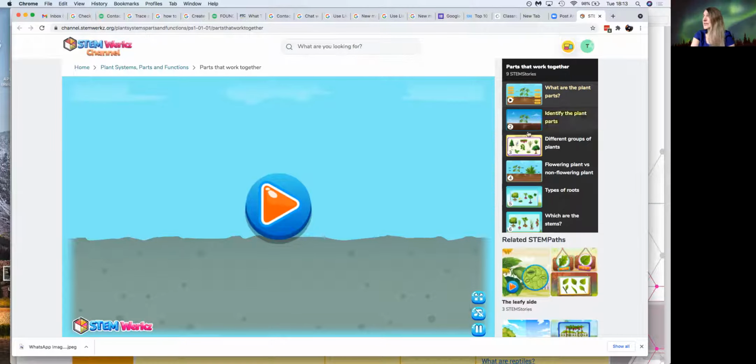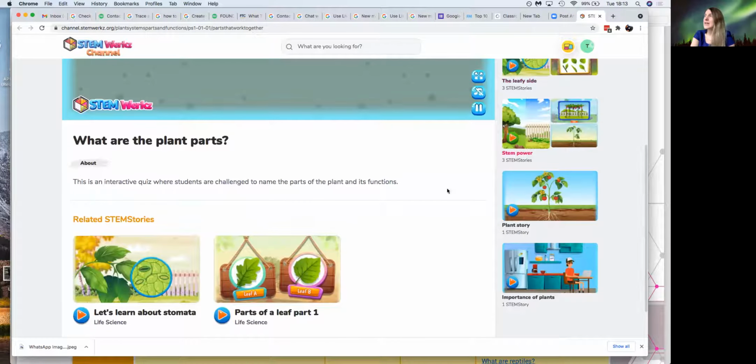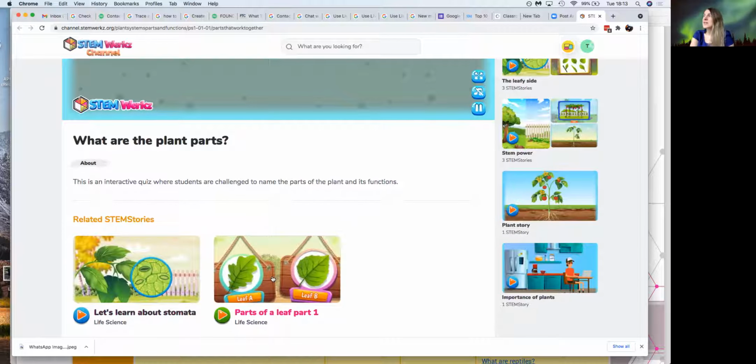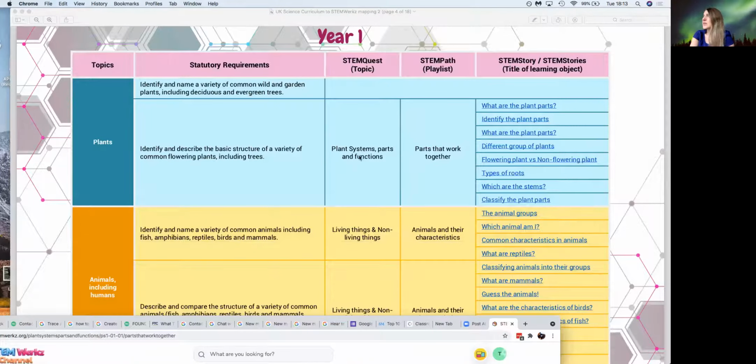As you can see, there are different parts to the stories, and there are 9 in this particular one, and it relates to all the different parts, such as the stomata, as well as parts of the leaf, and then also the plant story and the importance of plants. So that's a really good way to just find things very quickly.